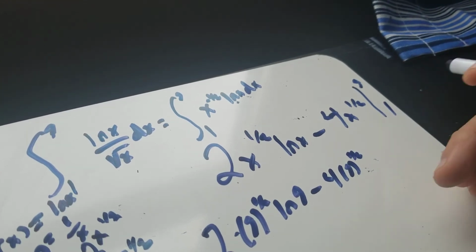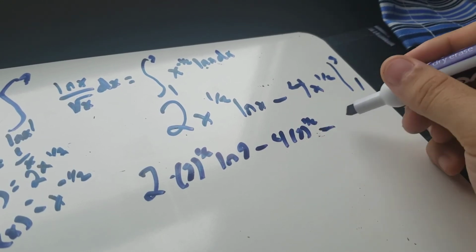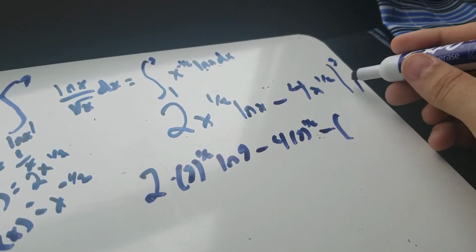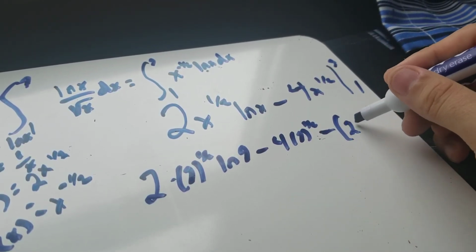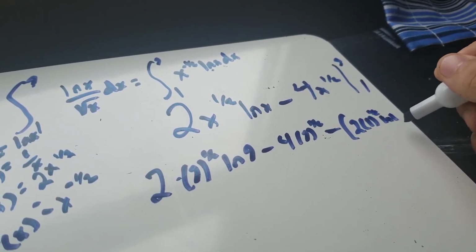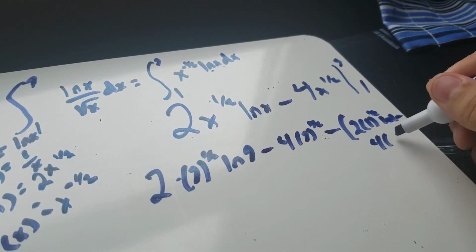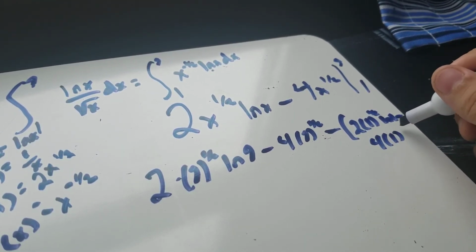Okay, let me just make sure that's in view. Minus, and I'll put big parentheses here, we're going to plug in 1. 2 times 1 to the half power, ln 1, minus 4 times 1 to the half power.